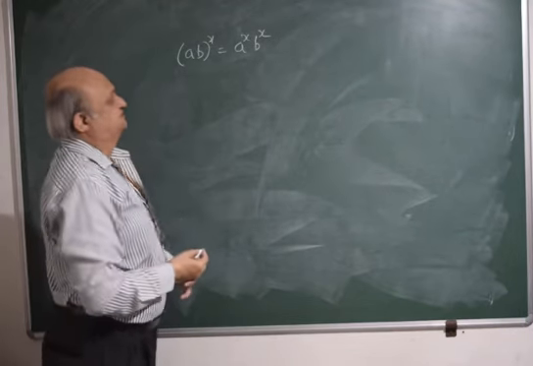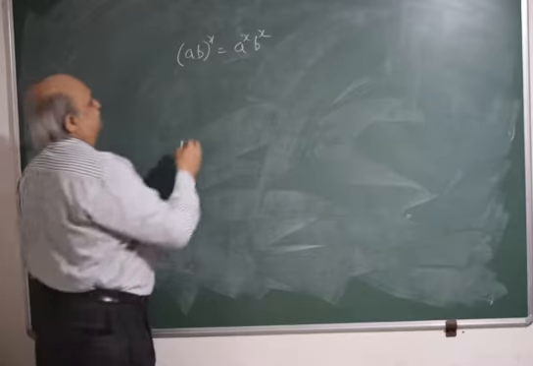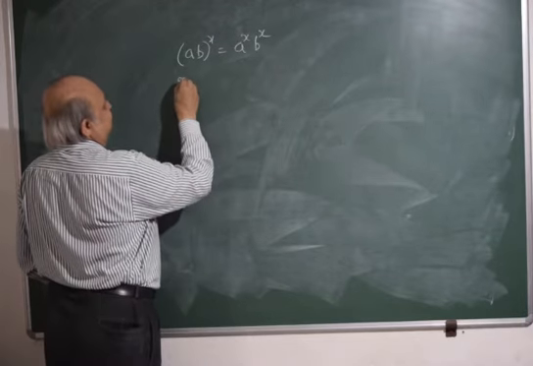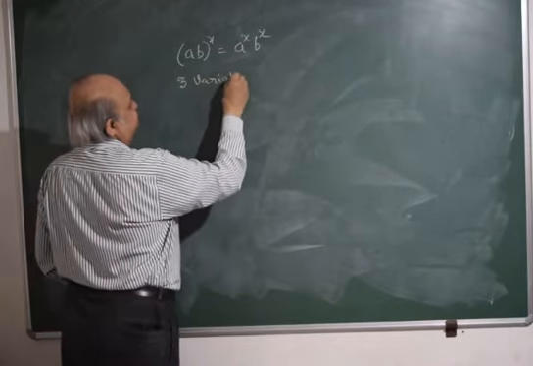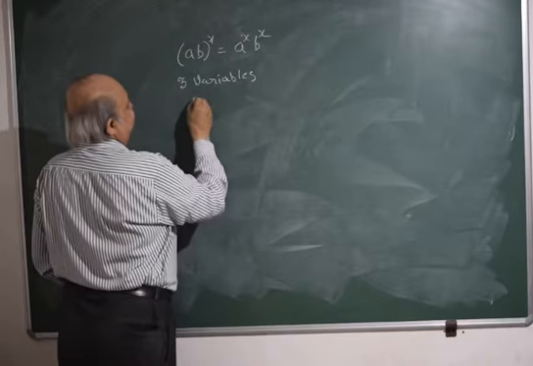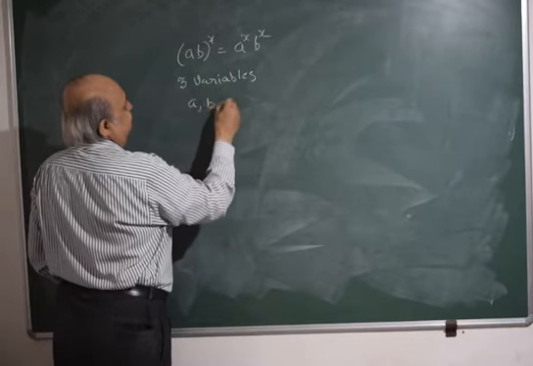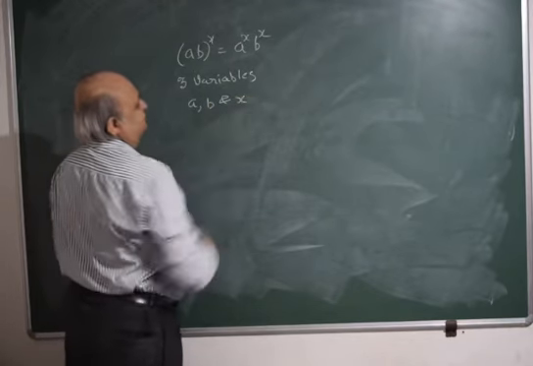If you look at this term, we find that we have 3 variables: a, b, and x.